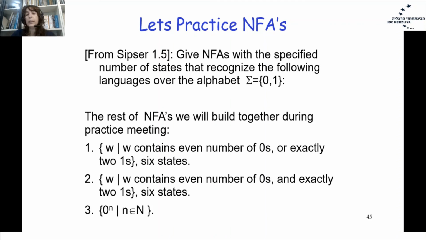Then we will do the same, but we are talking about all words W that contain an even number of zeros and, not or, exactly 2 ones. And the last one, we would like to build a non-deterministic finite automaton that accepts the language of zeros. So we have 0 to the power of n, where n is a natural number.